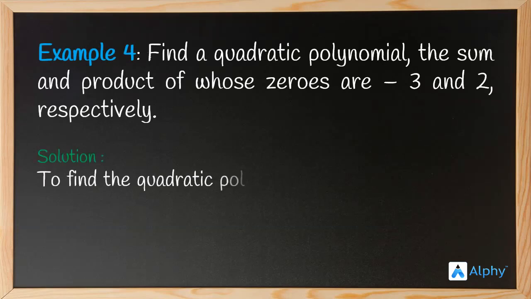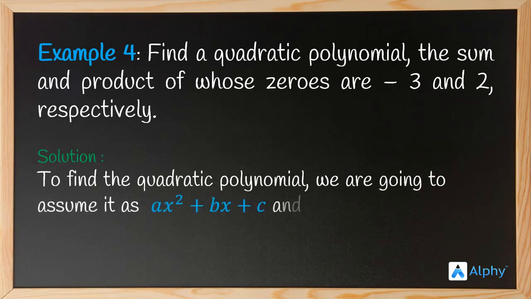To find the quadratic polynomial, we are going to assume it as ax square plus bx plus c and let its zeros be alpha and beta. So today what we are going to do is assume that we have any polynomial, because we do not know what exactly our polynomial is, and we are going to assume it as ax square plus bx plus c.